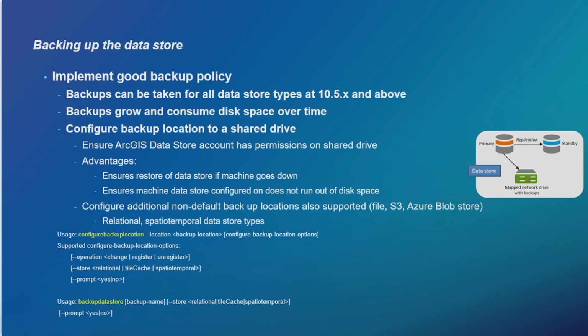The way we do that is to use the configure backup location command line utility, which is located in the tools directory. For the relational and tile cache data stores, what you would use when you run that command is operation change. For the relational and tile cache, there's already a default backup location when you configure the data store, so operation change will change it to the new network share.